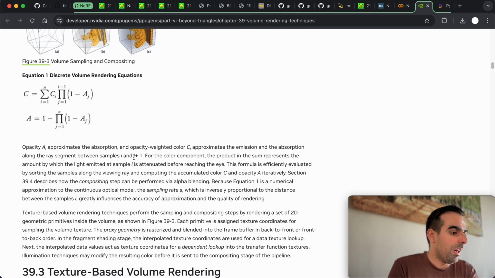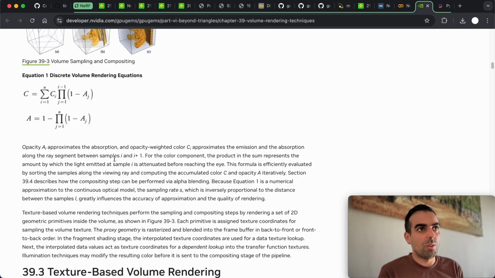Opacity Ai approximates absorption, and opacity weighted color Ci approximates the emission and the absorption along the ray segment between samples i and i plus 1, because you are tracking the light effect, and you want to see how much light is left. I know I'm not talking scientifically, but if you're shooting a ray, this ray passes particles, and each particle it passes, it reduces the energy of the light.